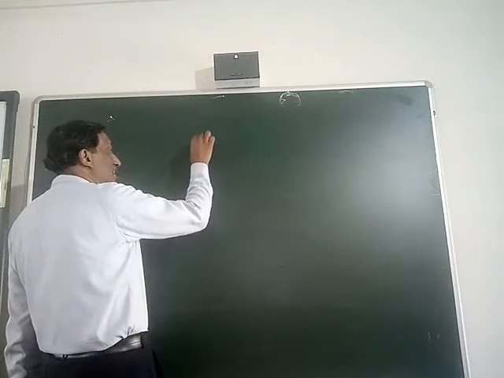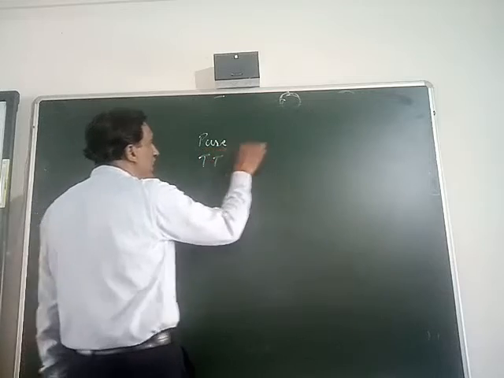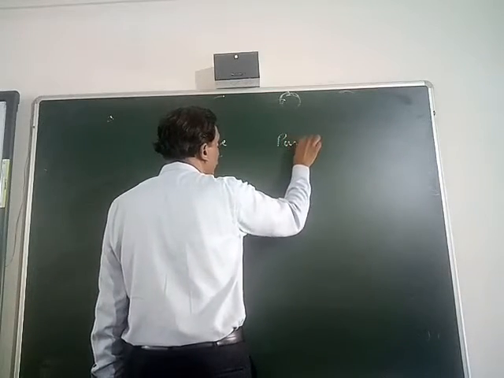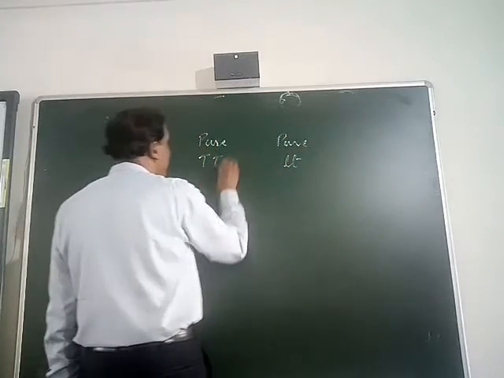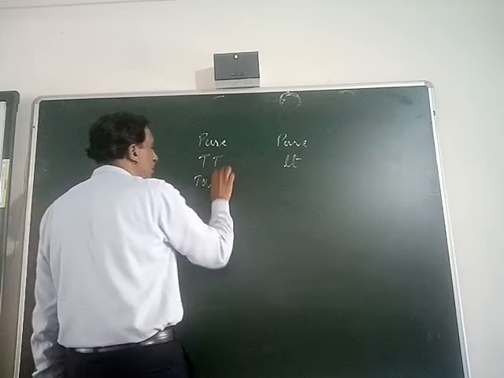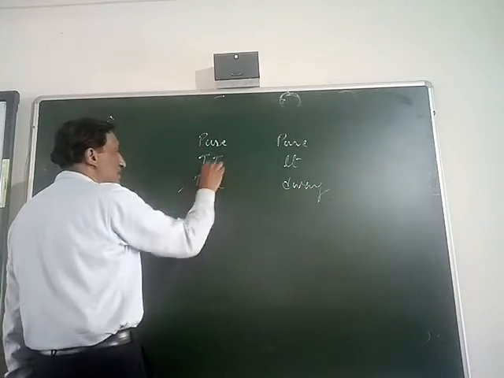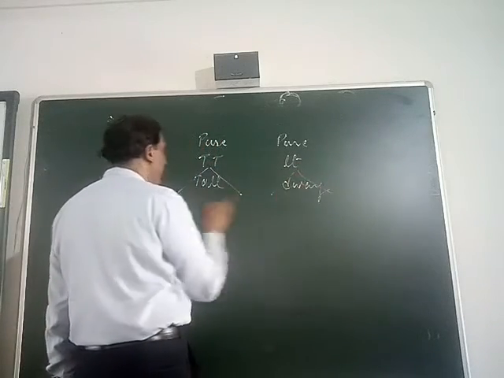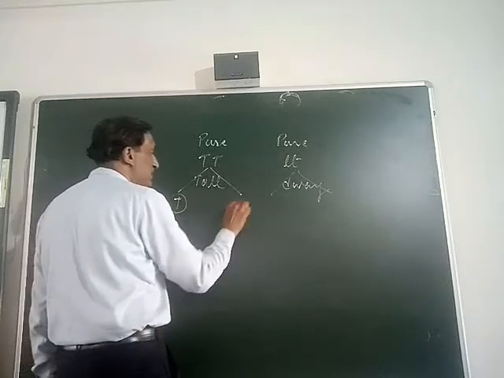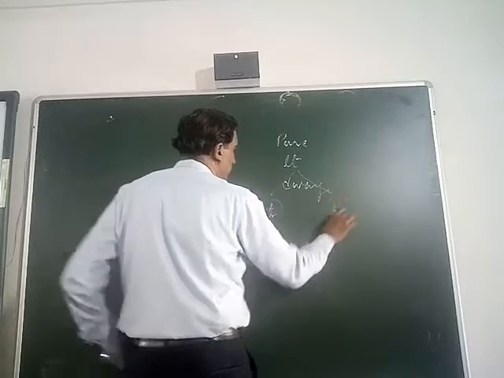Monohybrid cross you can explain by considering a pure tall plant and a pure dwarf plant. The genotype is there, pure tall and pure dwarf. According to the second law, that is segregation of factors, these factors will segregate, and the factors go like this.